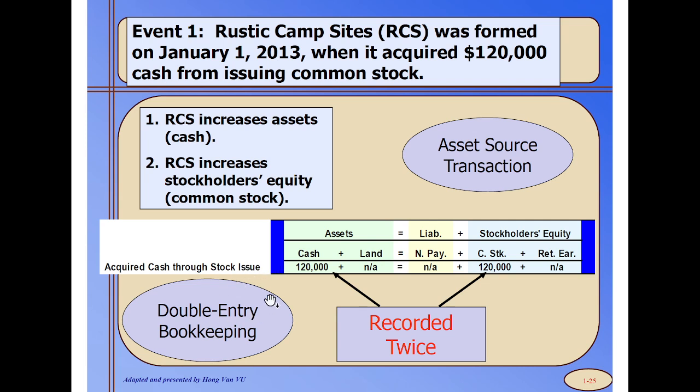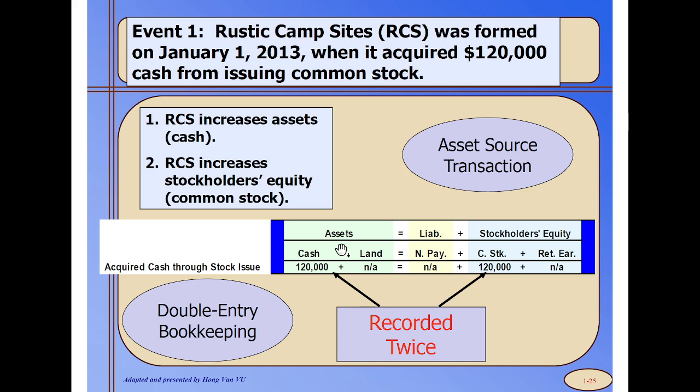We notice that every transaction is recorded twice. This is called double entry bookkeeping, right? Every event will affect at least 2 accounts. For example, here we affect the cash account and the common stock account in order to keep our equation in balance.